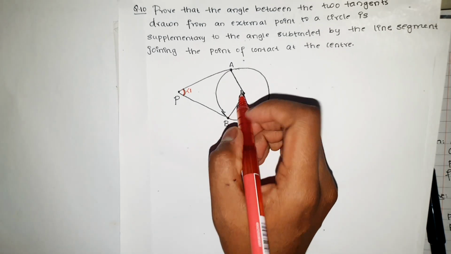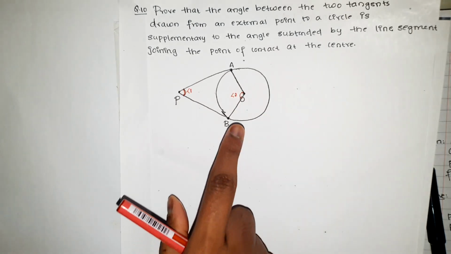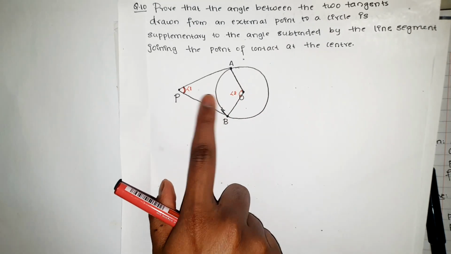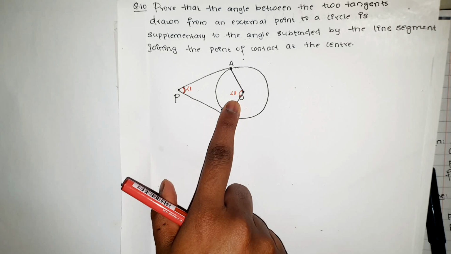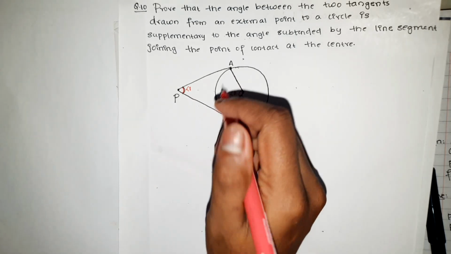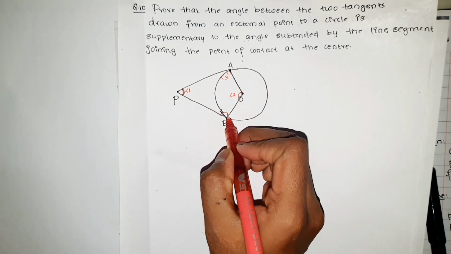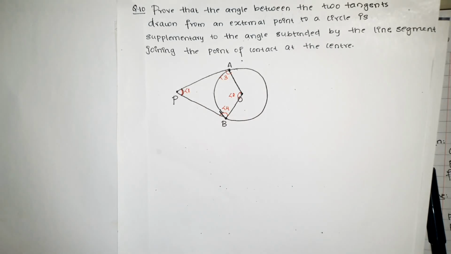So I am taking this as angle 2. So we have to prove angle 1 plus angle 2 is equal to 180 degree. Here I am giving angle 3 and here I am giving angle 4.